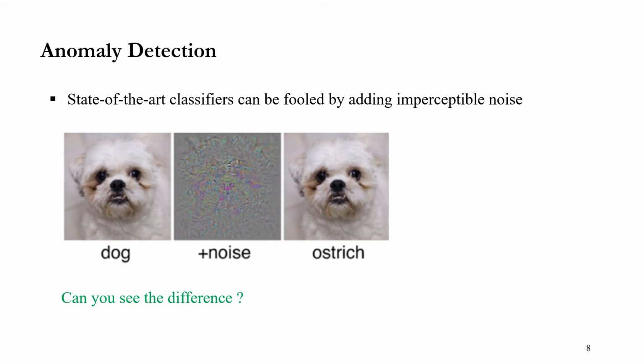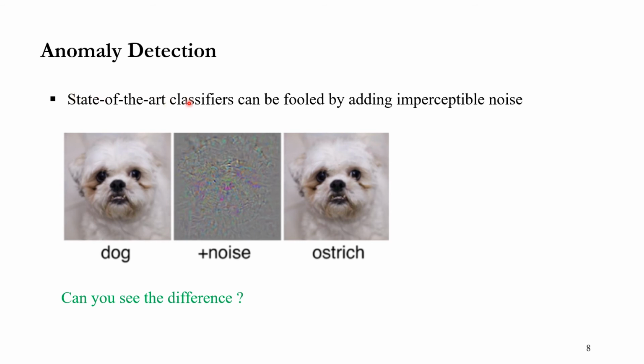On the left-hand side, this is the image of a dog, the original image. If you add just a few pixels of noise, this is the original image plus a little bit of noise, then the state of the art image classifier classifies this as an ostrich.